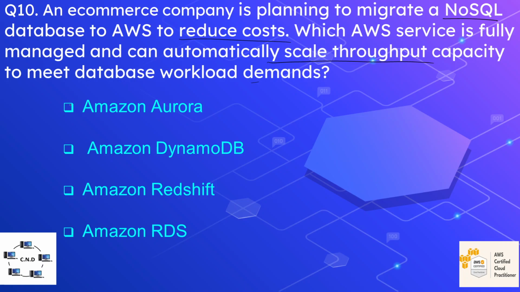And the options are A, Amazon Aurora, option B, Amazon DynamoDB, option C, Amazon Redshift, and option D, Amazon RDS. RDS is Relational Database Service. So here we are not talking about a relational database, we are talking about a NoSQL database. So the correct option is Amazon DynamoDB.